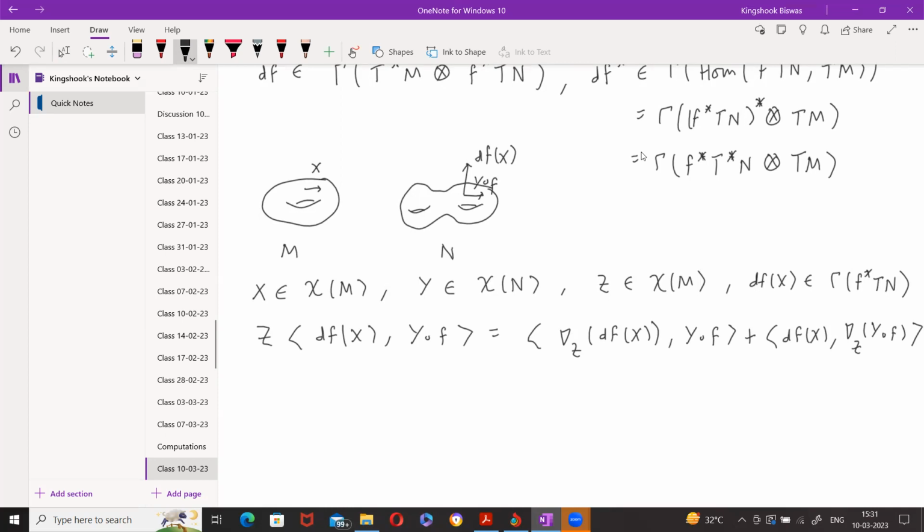So this is going to be equal to nabla Z Df acting on X, plus Df acting on nabla Z X, inner product with Y composed with f, plus the inner product of DfX with nabla Z of Y composed with f.